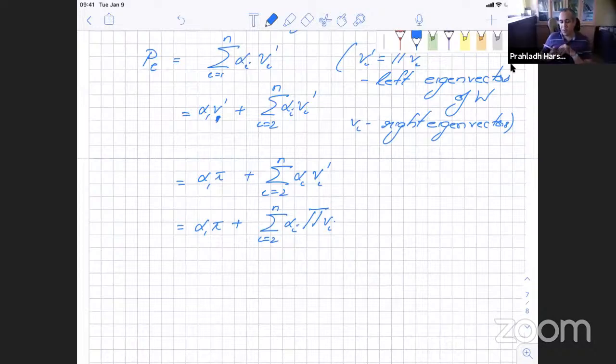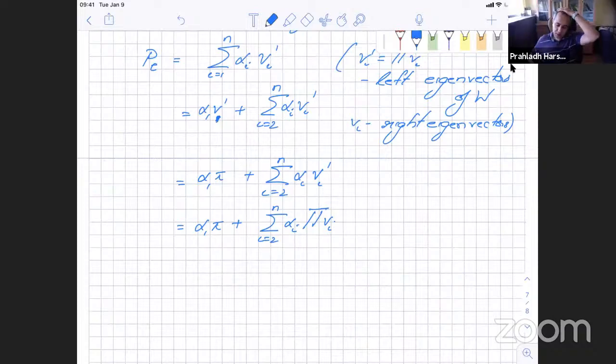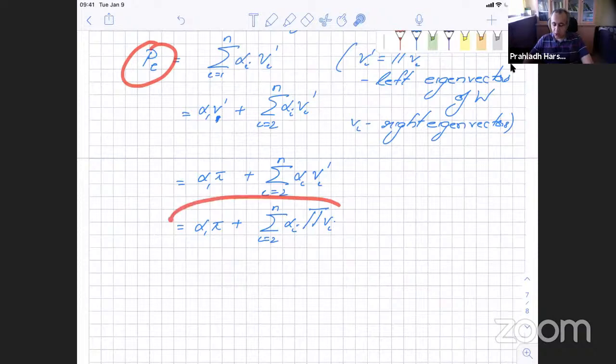There are multiple ways of seeing it. What's the best way to look at this? The best way to see this will be to take the inner product of p_t with the all ones vector. So take this equation, p_t equals this, and take the inner product of this with the all ones vector. The left hand side will give you 1, because, sorry, it will not give you 1.